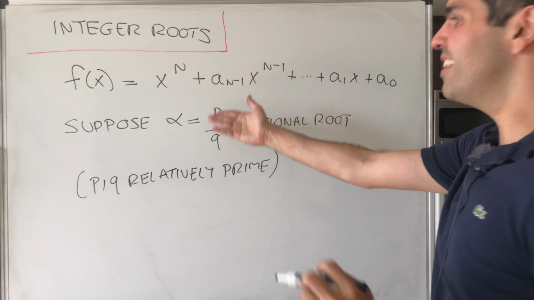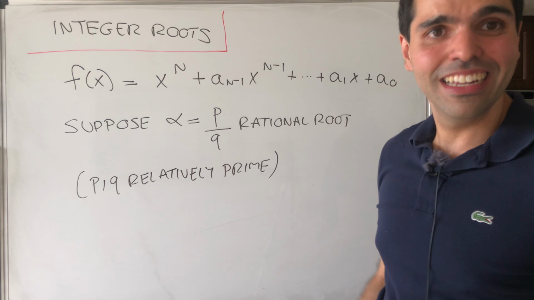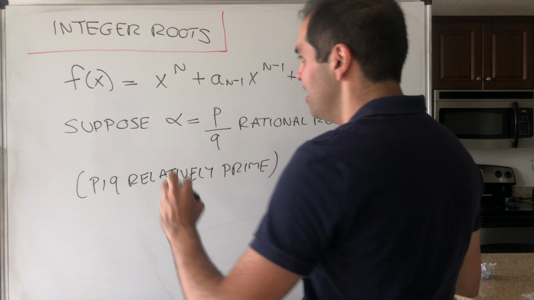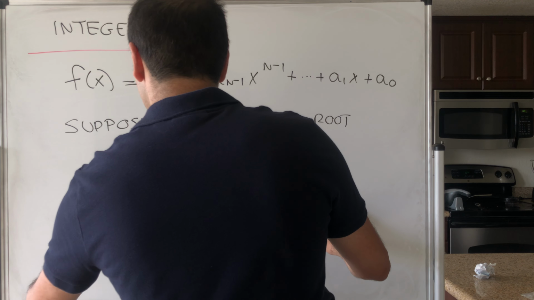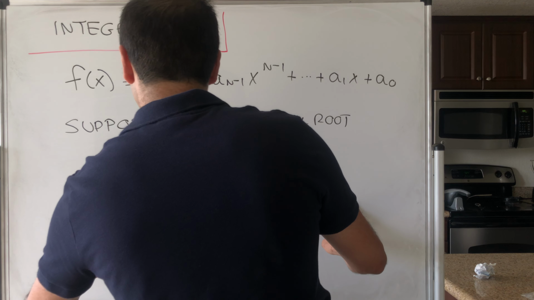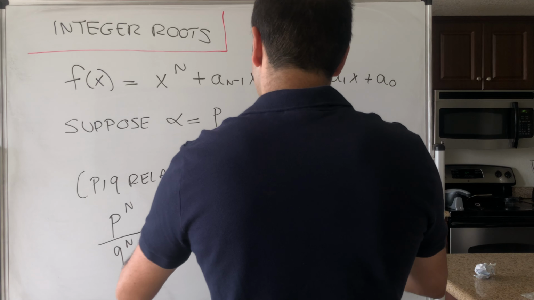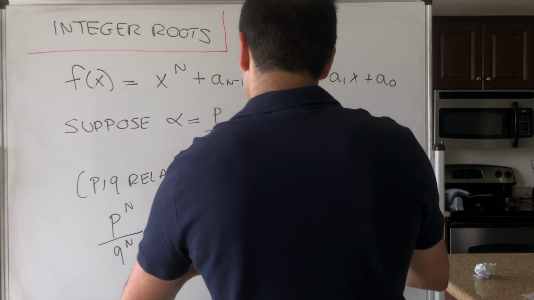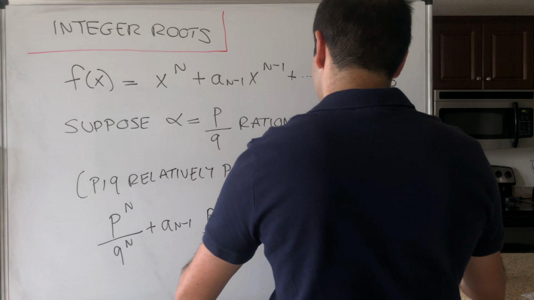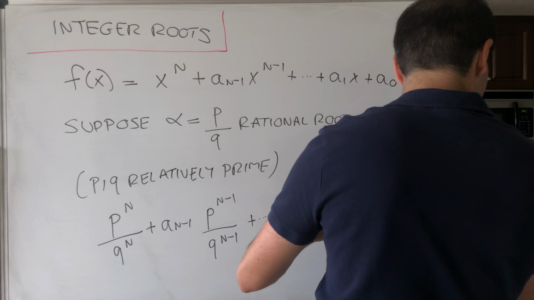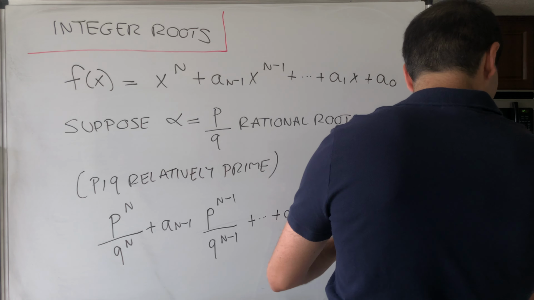Then, of course, the only thing we can do here is just plug that root alpha into your polynomial, and what we get is essentially p to the n over q to the n plus a_{n-1} p to the n minus 1 over q to the n minus 1 plus dot dot dot plus a1 p over q plus a naught equals 0.